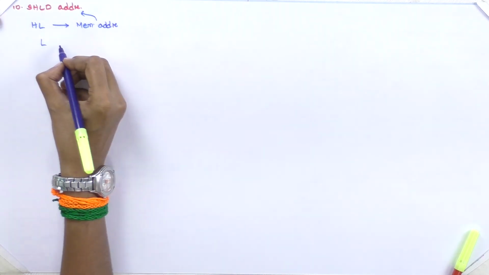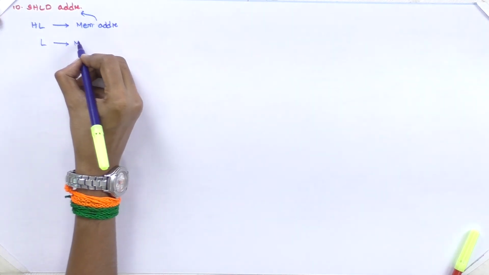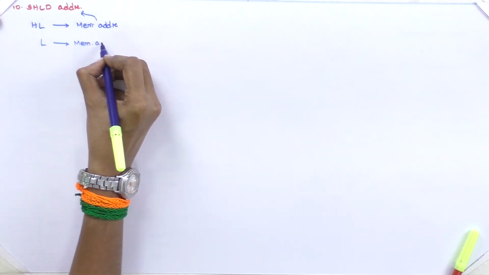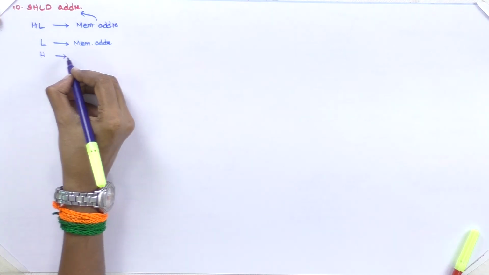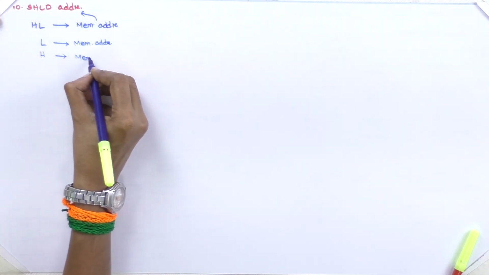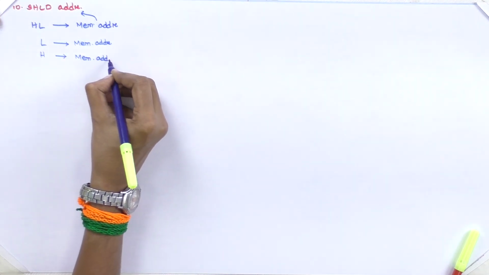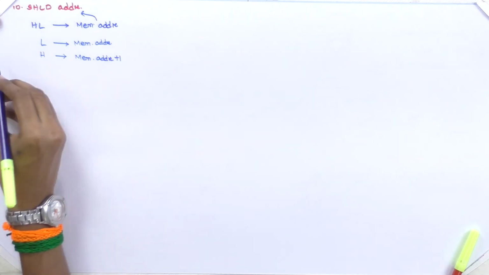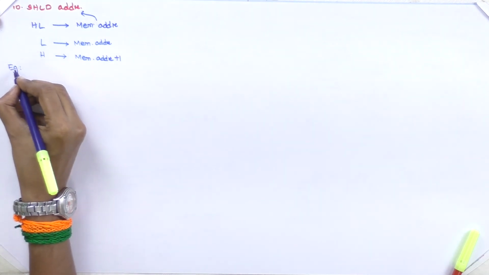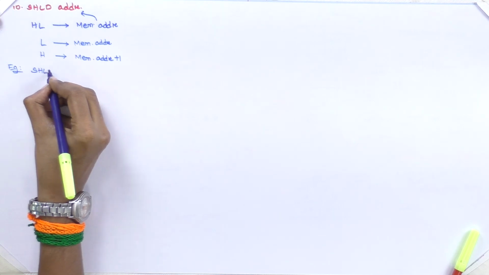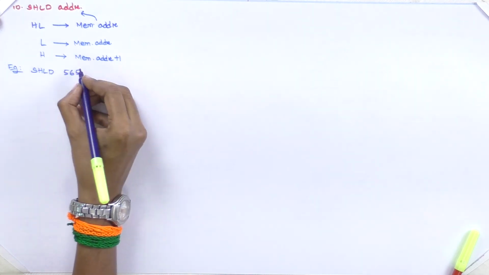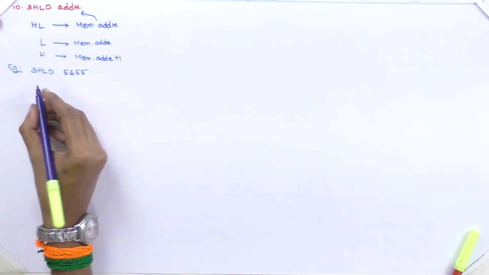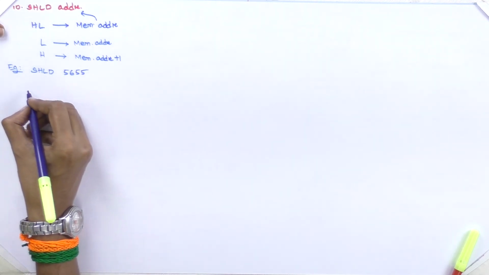The value in L will get stored in the memory address mentioned in the instruction, and H will be stored in the memory address plus 1. For example, take this instruction, SHLD 5655.